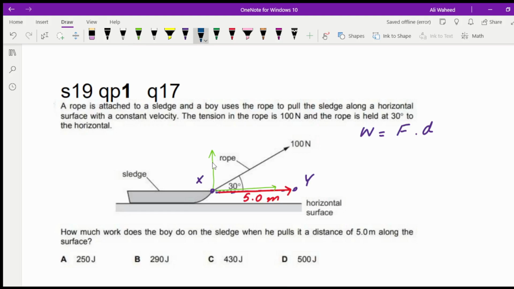And the other component would be perpendicular to the first one. The one in the direction of the distance would mathematically be 100 cos 30 or 100 sin 30. Which one of these two? 100 cos 30. Exactly. And how do you remember this?